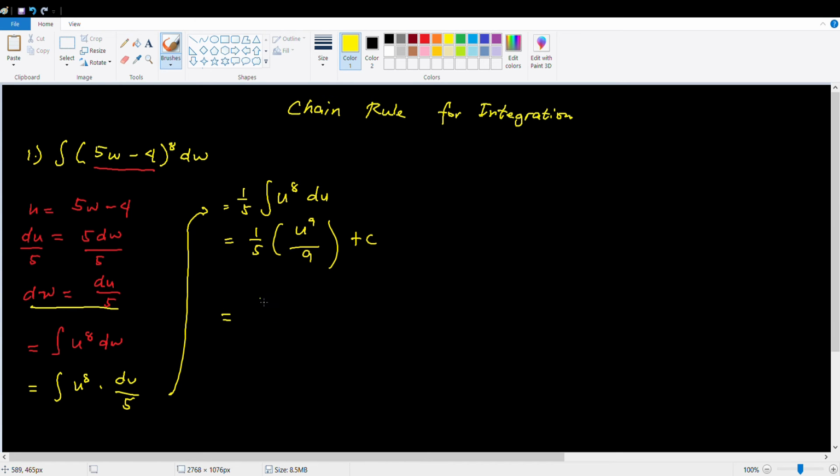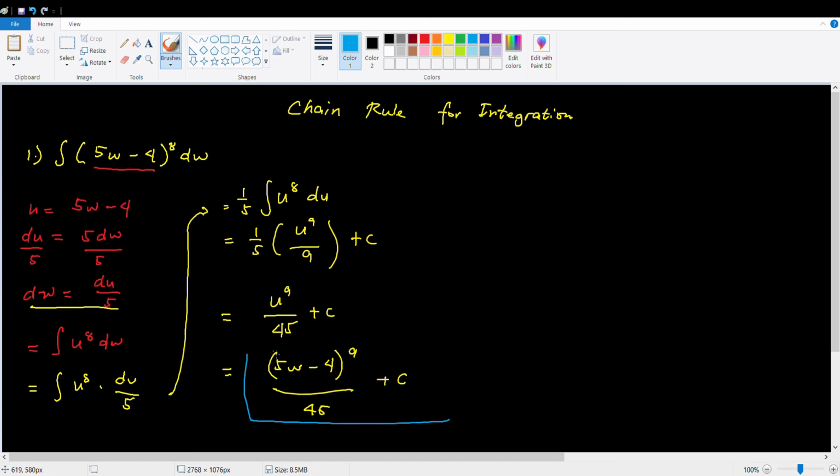So this becomes u raised to 9 over 5 times 9, which is 45, plus c. So we have assumed that our u is just equal to 5w minus 4, so this becomes 5w minus 4 raised to 9 over 45 plus c.